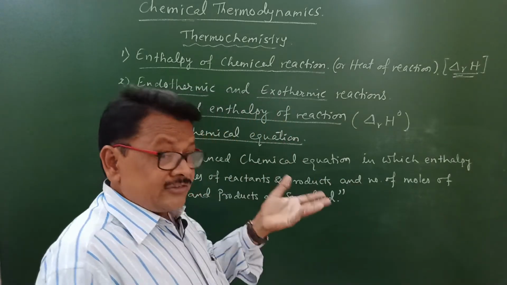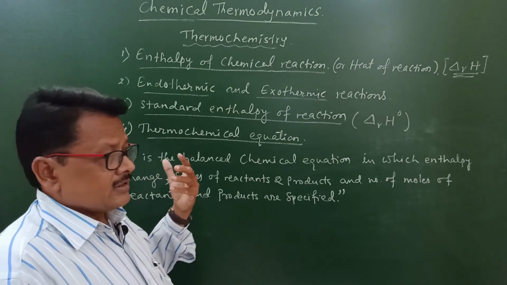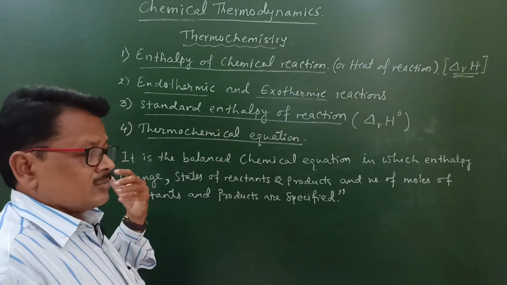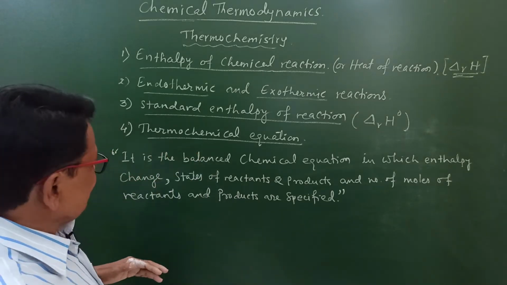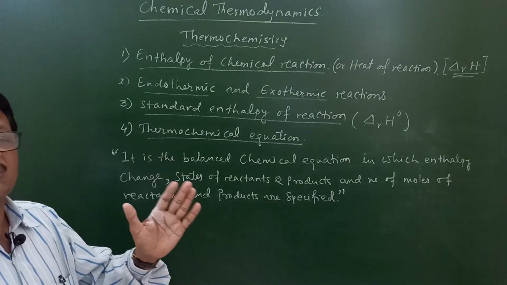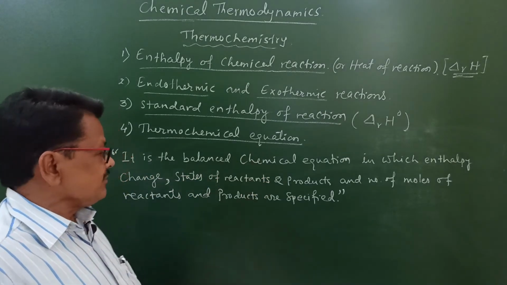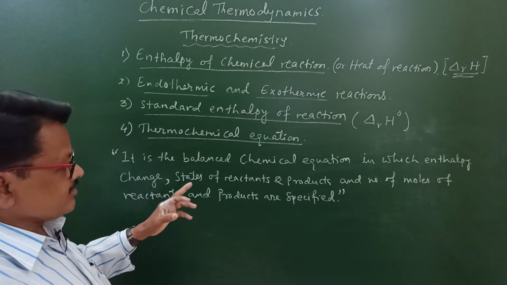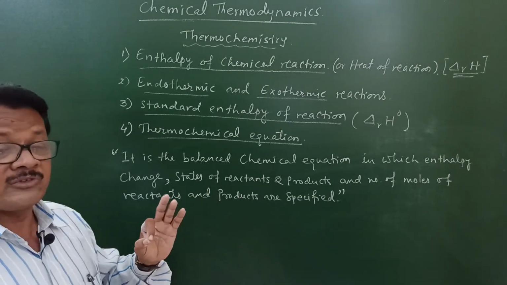In a balanced chemical equation, the number of moles of reactants and products on both sides should balance. That equation is known as a thermochemical equation. It is the balanced chemical equation in which enthalpy change, states of the reactants and products, and number of moles of the reactants and products are specified.